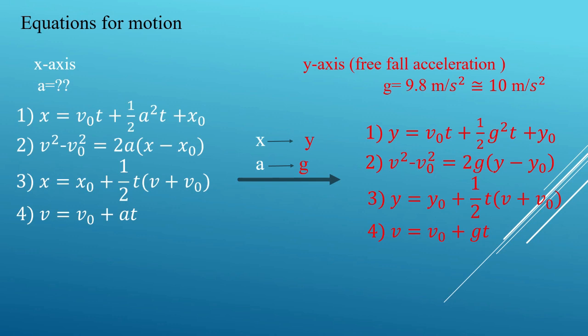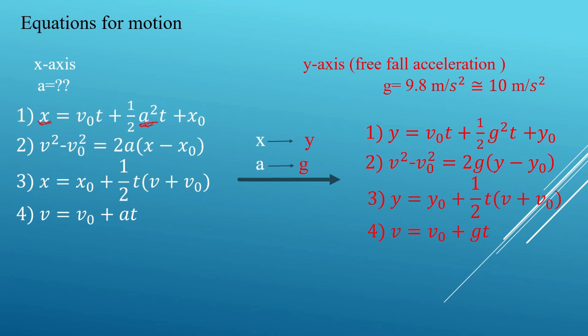In the x-axis, the coordinate is going to be x, the displacement is going to show as delta x, and the acceleration is going to be a. So right here, and then right here in equation 1, and the same for the other equations.